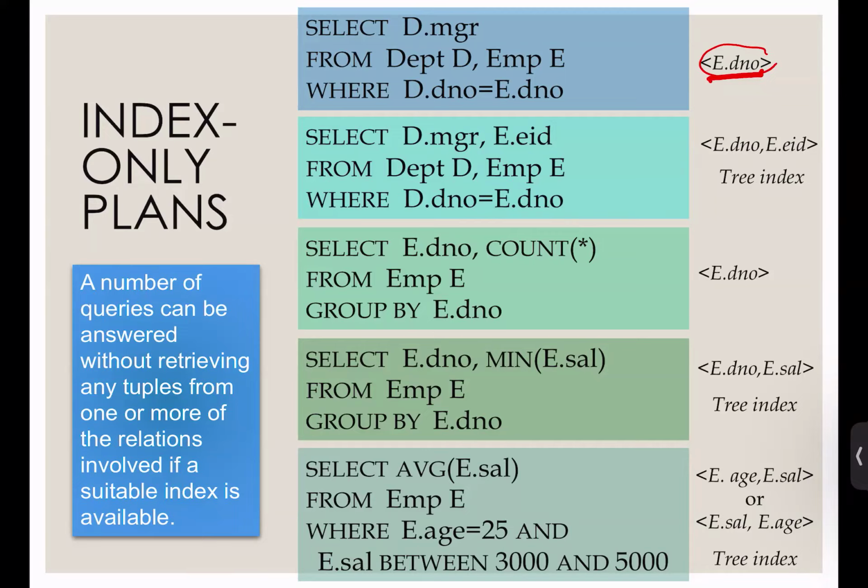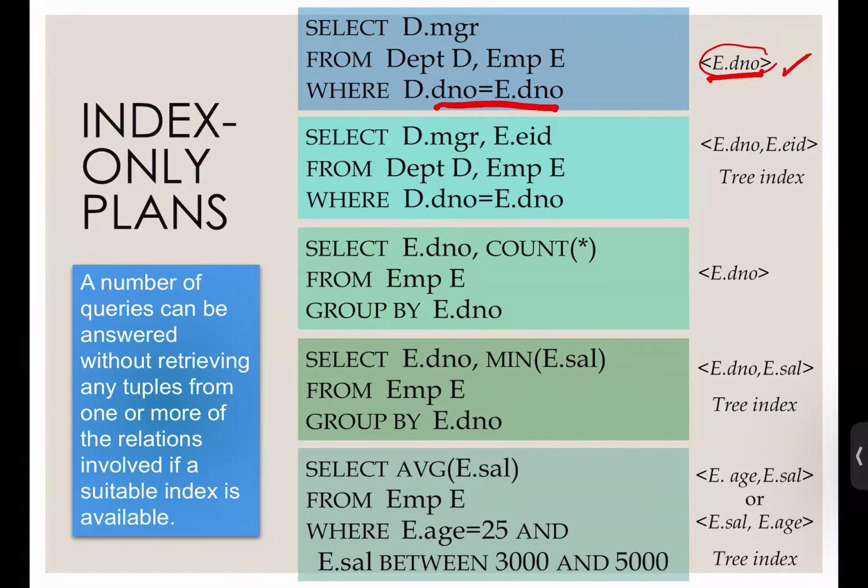So that's all it needs, because they need to list out the manager of departments where we have more than one employee. So here we can just use this one, look at DNO for this part. But here, since we're not making an index on the department table, we still have to access the department table. But at least here we can save some of the IOs by not having to access the employee table there.